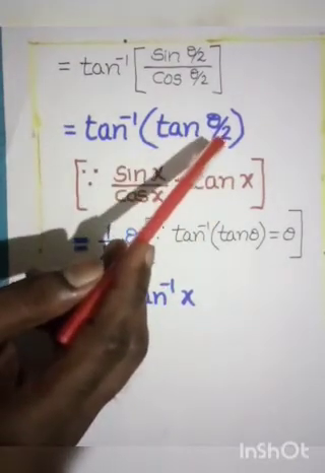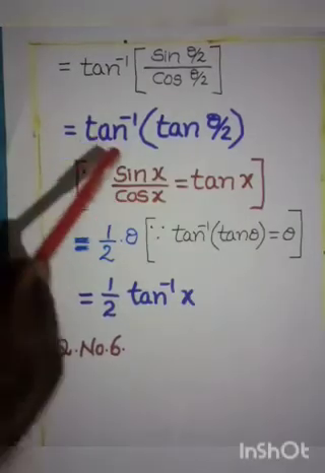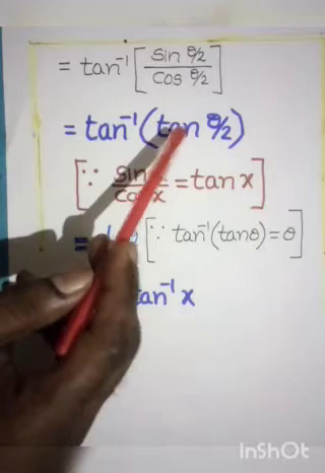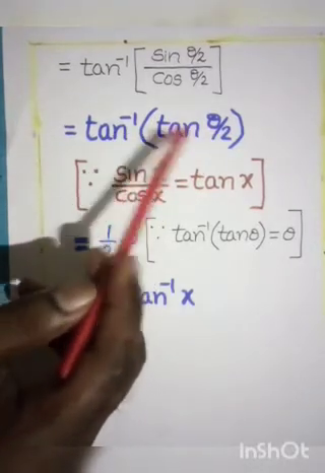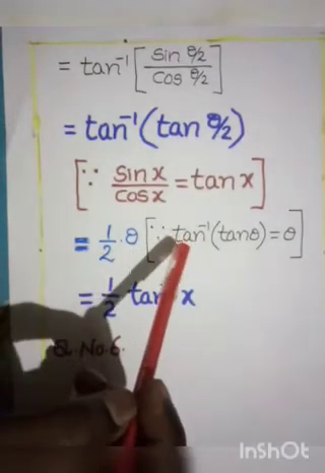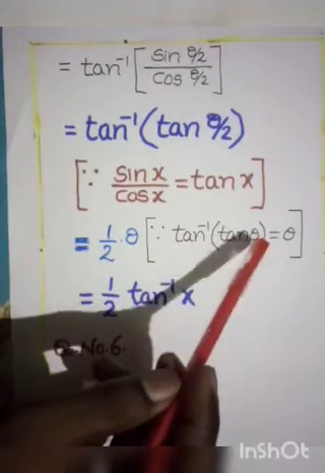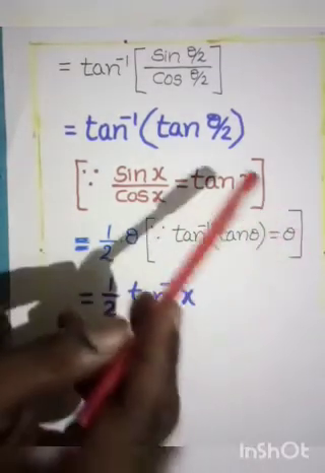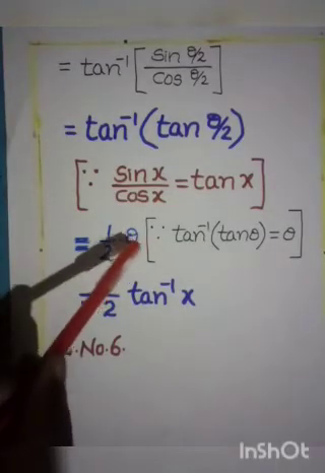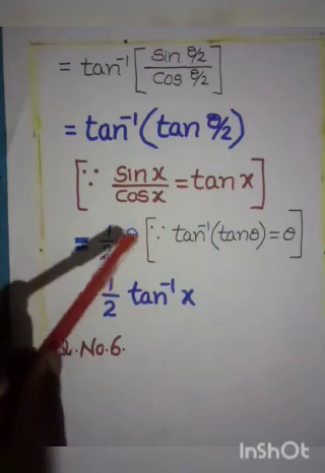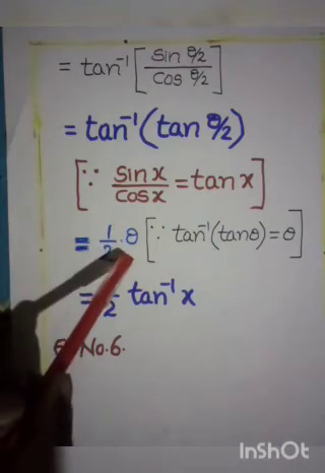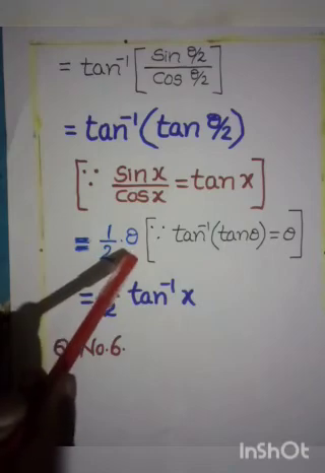Understood, my dear children? Now again, it is in the form of tan inverse of tan theta. It is a property of inverse trigonometric functions. What is the property? Tan inverse of tan theta is equal to theta. That is why I wrote here theta by 2 or 1 by 2 theta. Both mean the same. That is why I wrote this step. Understood this step, my dear children?